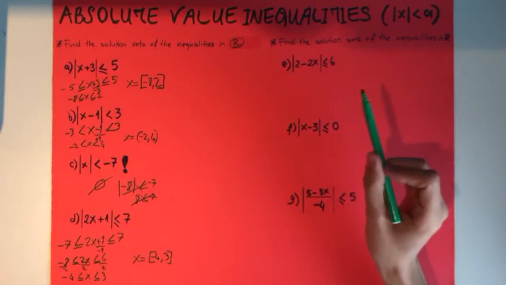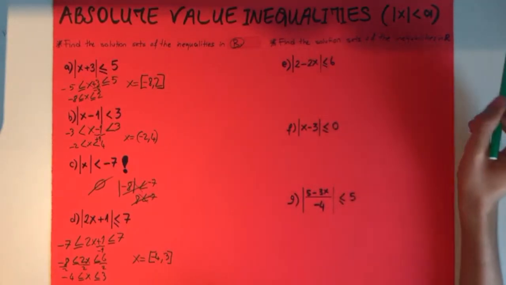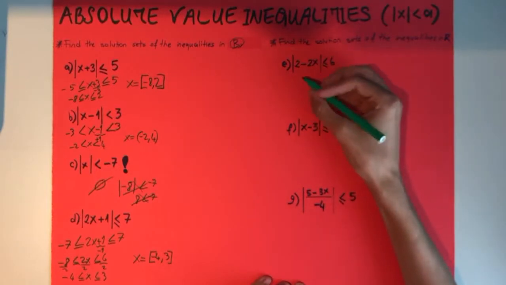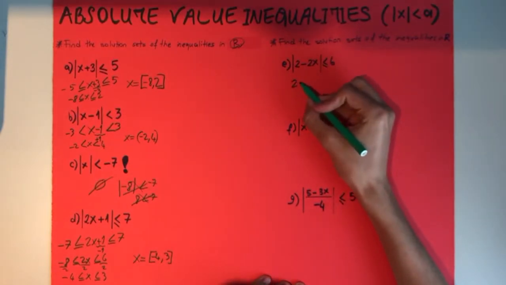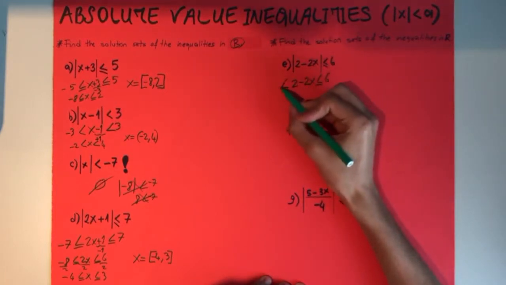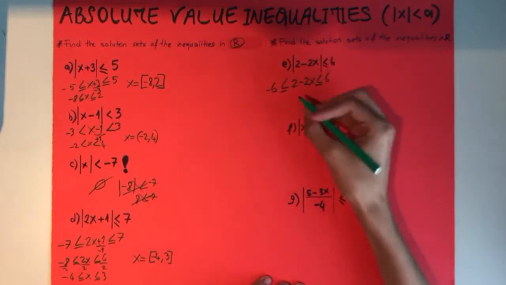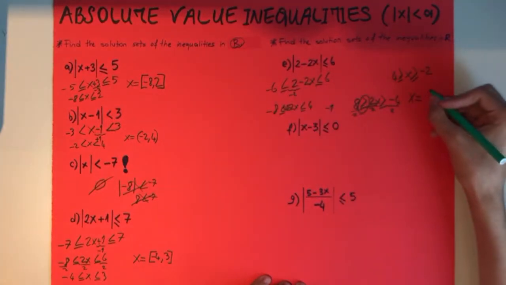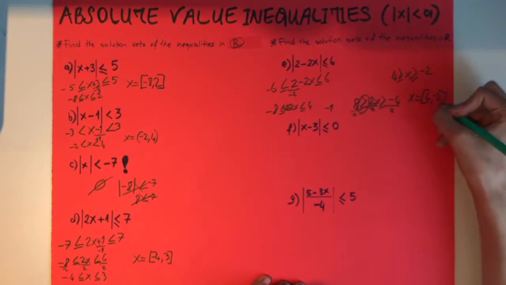So in this question, it again says find the solution sets of the inequalities in real numbers. So we are doing the same thing again. And to leave x alone, we subtract 2: closed 4, and closed 2.